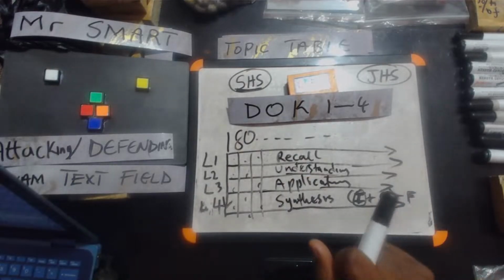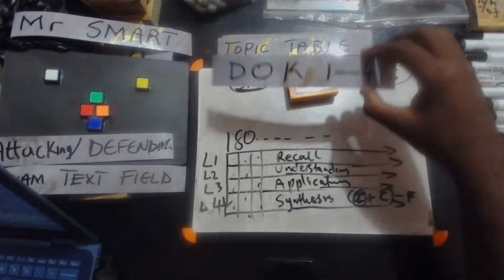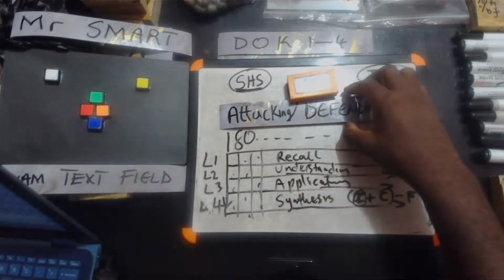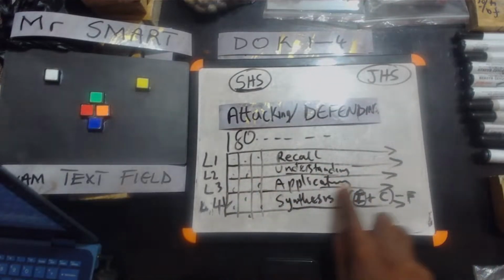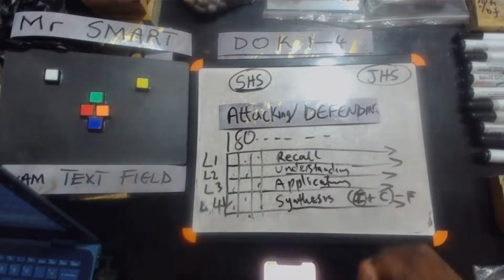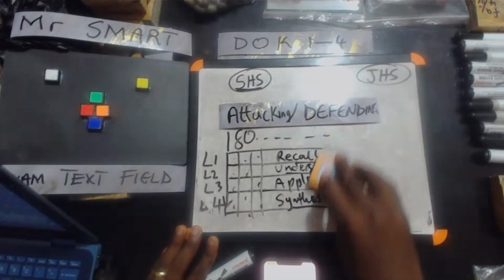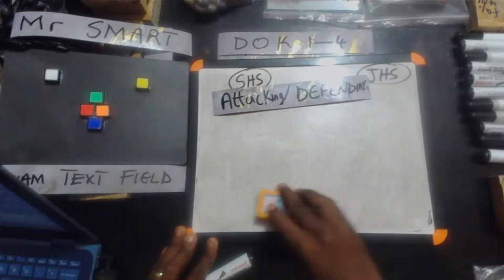Now that we have established the DOKs, we're going to move to attacking and defending. As you run through the tracks, you need an attacking plan and also a defending plan.